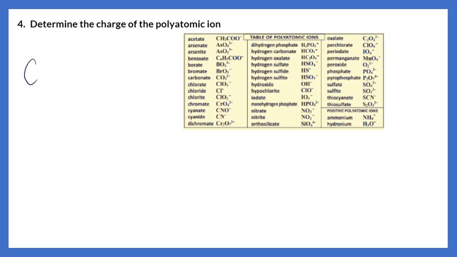Step 4 says to determine the charge of the polyatomic ion. Well, phosphate here takes a -3 charge.